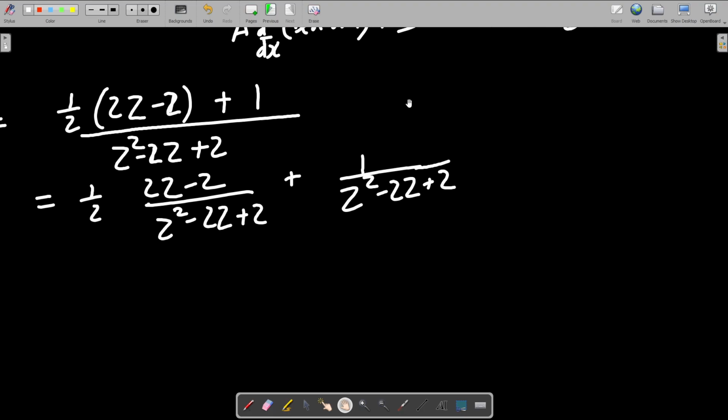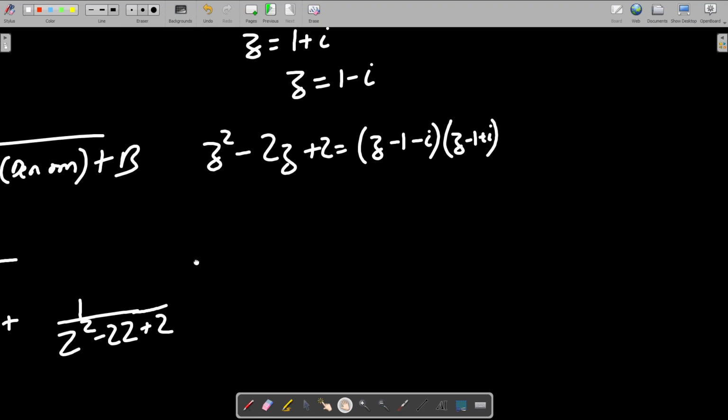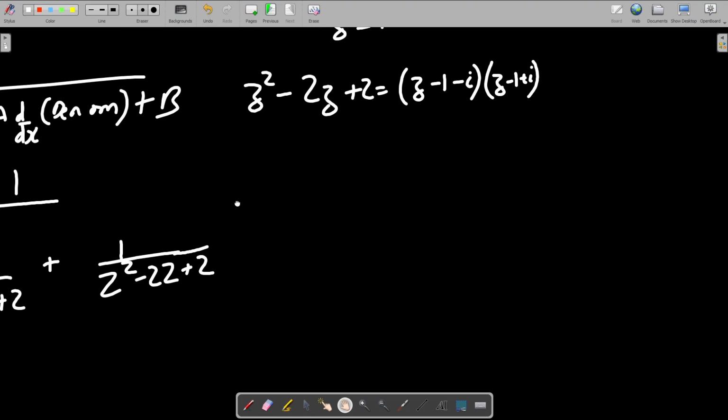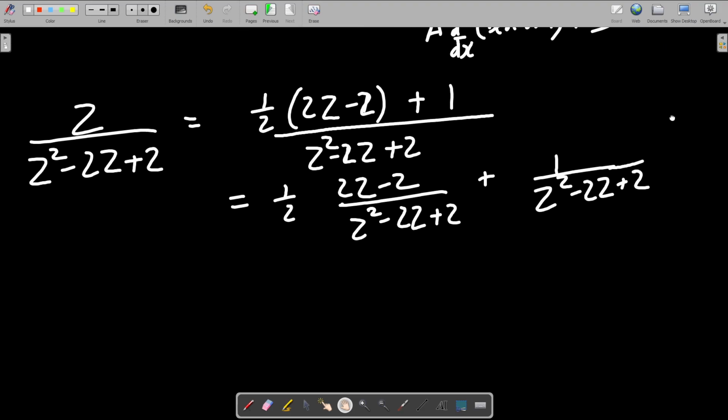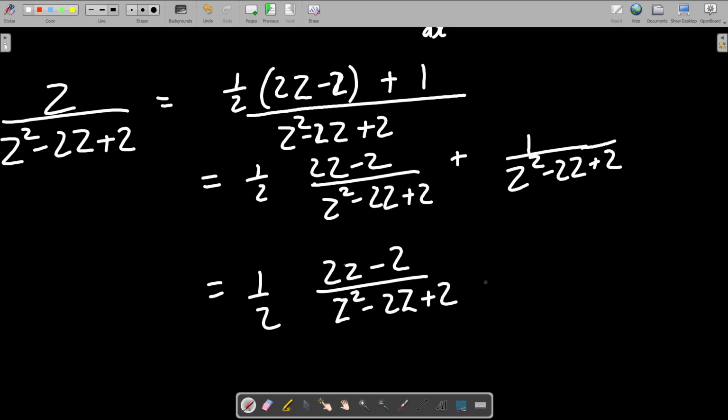So if you agree to that, then you still have to do partial fractions with this. You still have to do partial fractions here, even if you can do the split. So anyways, we were left at this stage, right? That expression for integration was half times 2 times capital Z, 2 times capital Z minus 2 upon z square minus 2z plus 2.